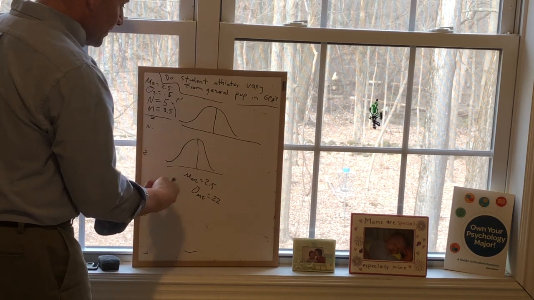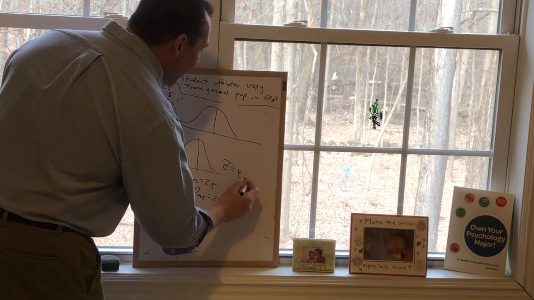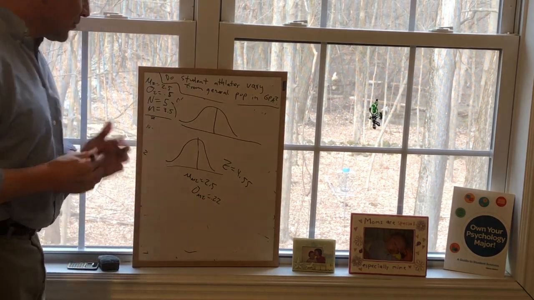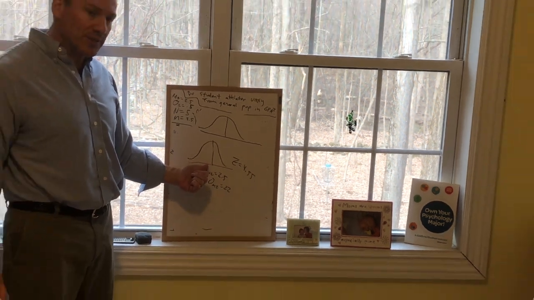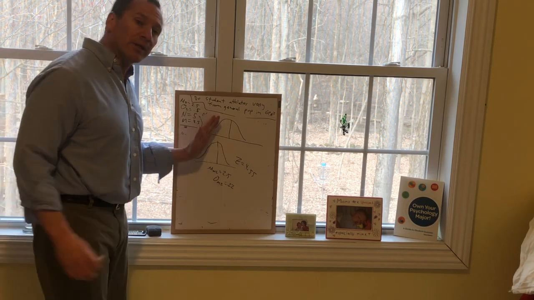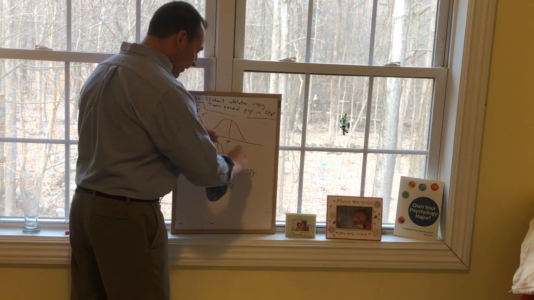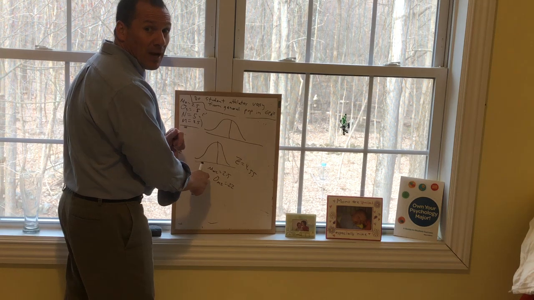In other words, that Z of 4.55 was so outrageously high that it was really, really unlikely to come out of this distribution here, representing the general population, but it was much more likely to have come from a population over here where the mean is higher than is the mean for the general population.